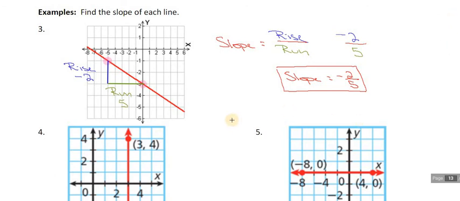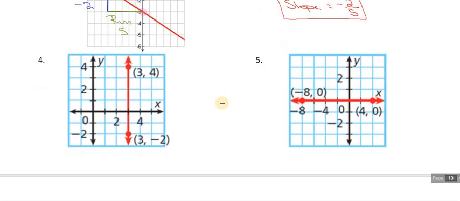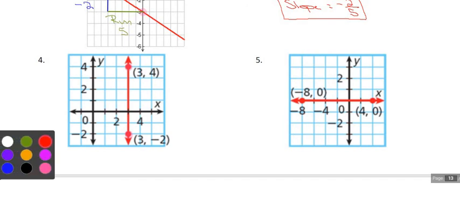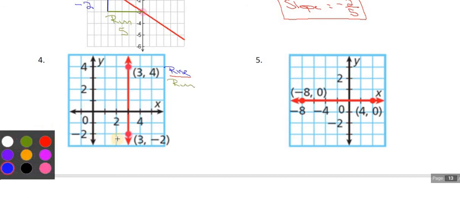If we look at number 4, we do have perfect points already plotted for us. So we've got 2 perfect points, and you might be looking at this like, we're rising, but we're not running. Well, that's very true. So if we say rise over run, let's start from the bottom point.